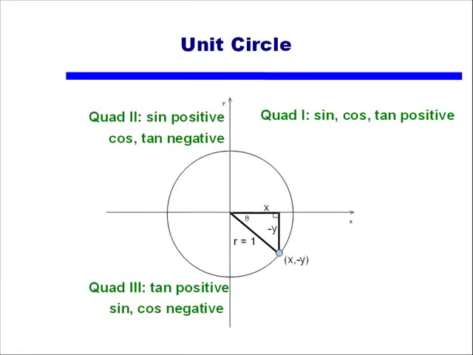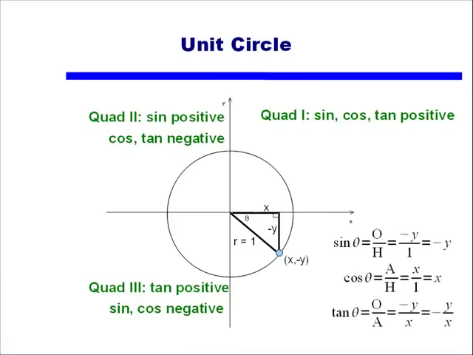Well, we'll continue going to quadrant 4. This time, again, we still have our reference angle that's between the terminal side and the x-axis, but now our x is positive and our y is negative. Our radius is still equal to 1, and now if we look at our sine, cosine, and tangent, we find that sine of theta in quadrant 4, that is when that angle is between 270 degrees and 360 degrees, is equal to negative y over 1, or negative y.